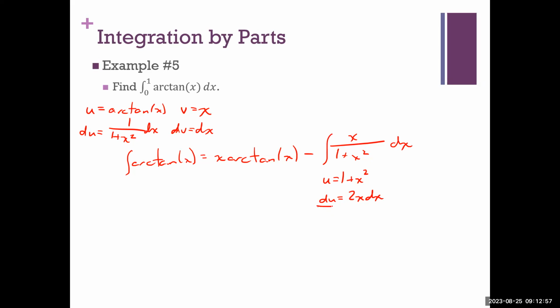So if I isolate x dx, what does this imply? du over 2 is equal to x dx, which means this integral becomes what? 1/2 times 1 over u du.